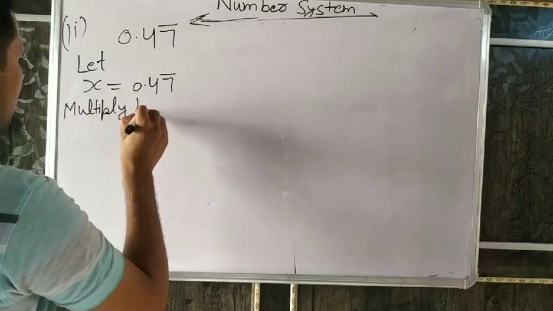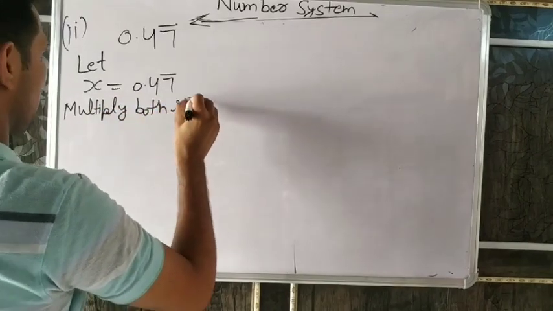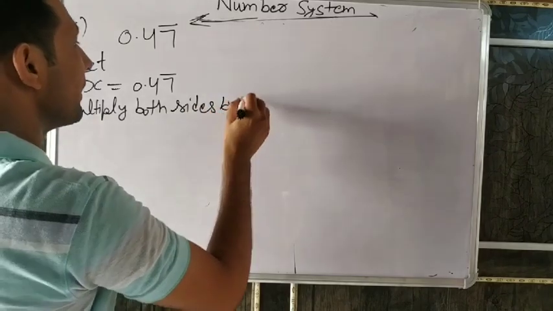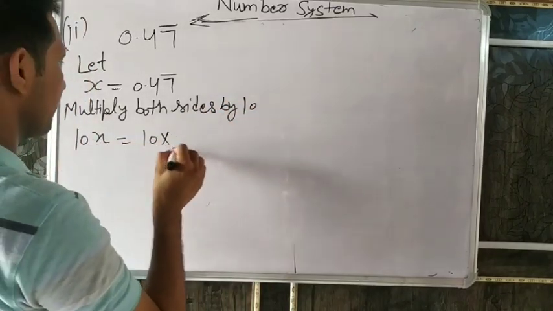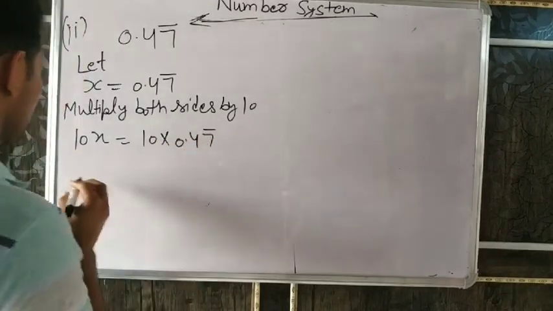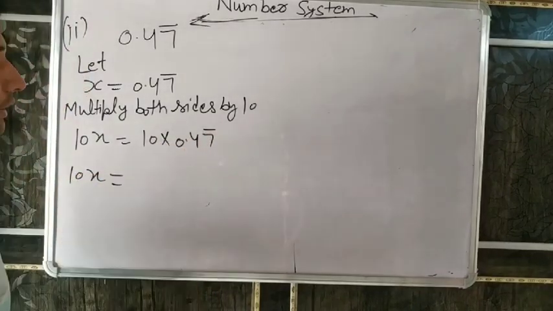Multiply both sides by 10. 10x equals 10 times 0.47 bar.